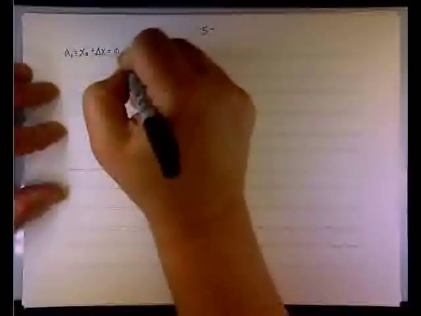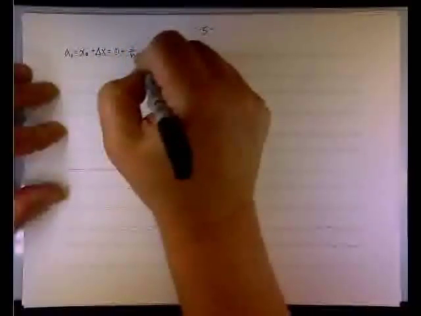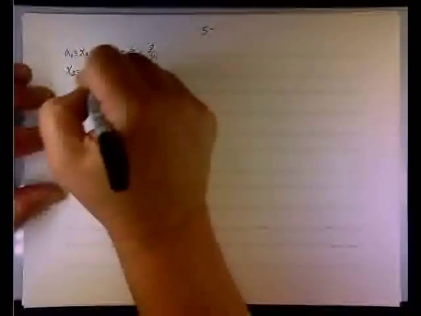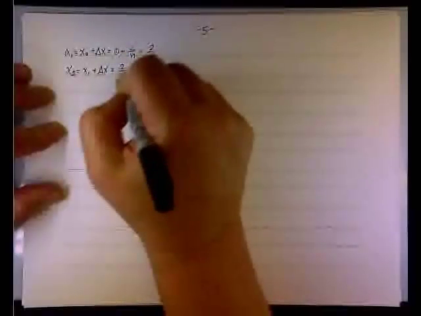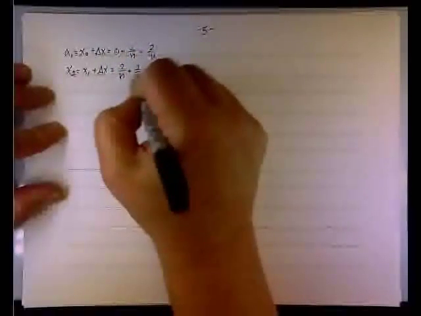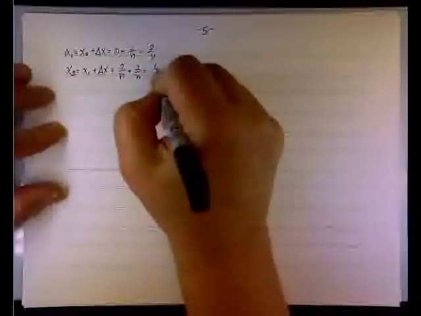So x sub 1 is x sub 0 plus delta x. Of course, x sub 0 is 0, and delta x is 2 over n, so x sub 1 is 2 over n. X sub 2 is x sub 1 plus delta x, so x sub 1 is 2 over n, delta x is also 2 over n, so we have 4 over n.